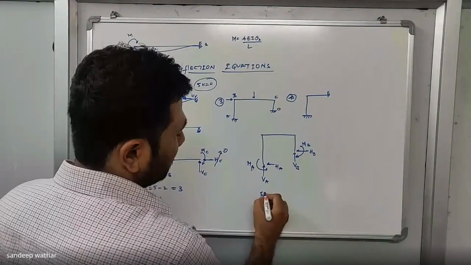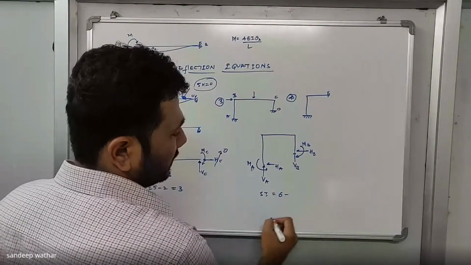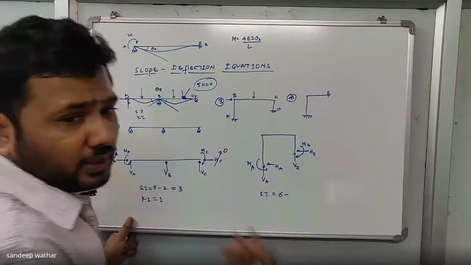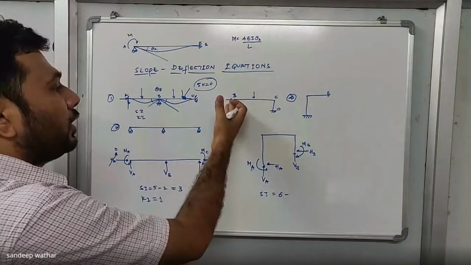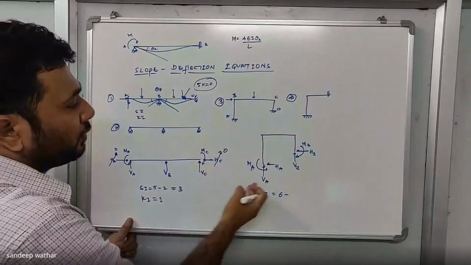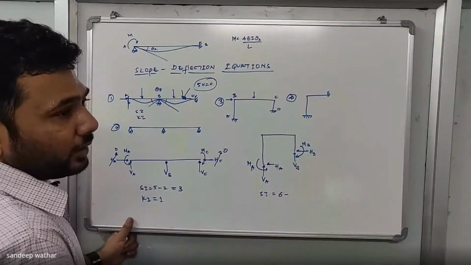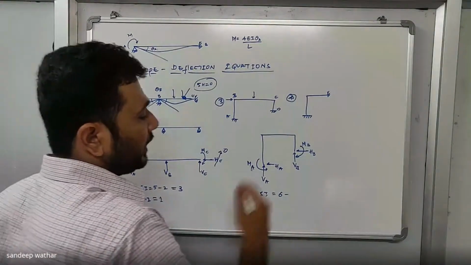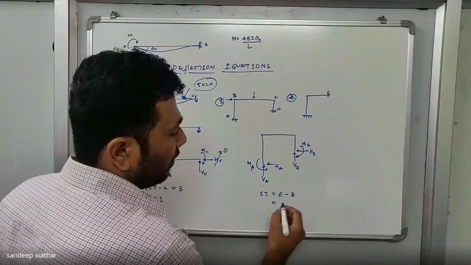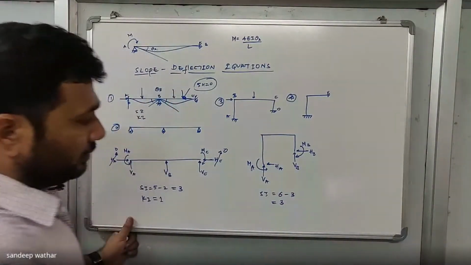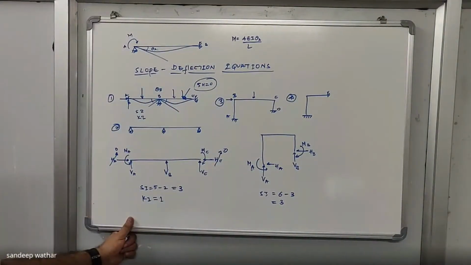In total, how many reactions will we have? 6 reactions. Now, shall I consider HA equal to 0? I should not, because you have a horizontal force here. Because of this horizontal force, horizontal reactions will be generated. Hence, I will consider 3 equilibrium equations. In this case, it will be 6 minus 3, so 3 will be your static indeterminacy.